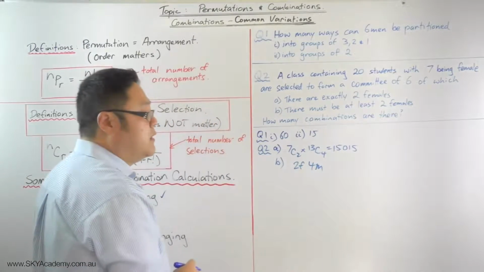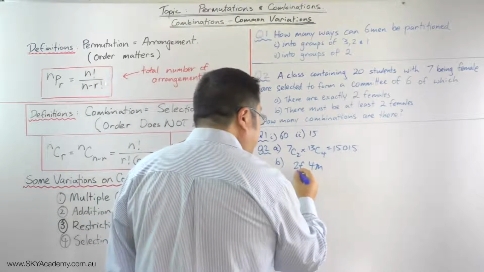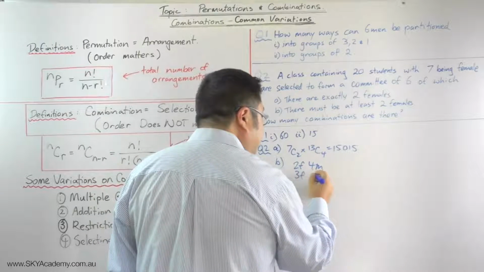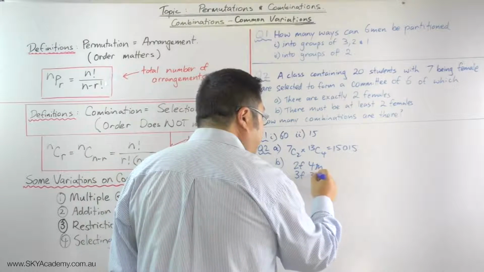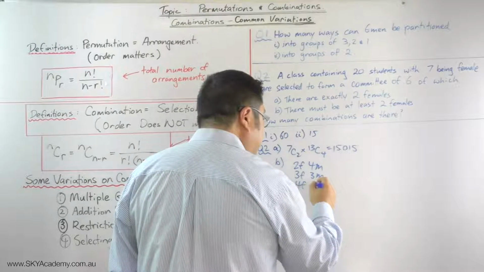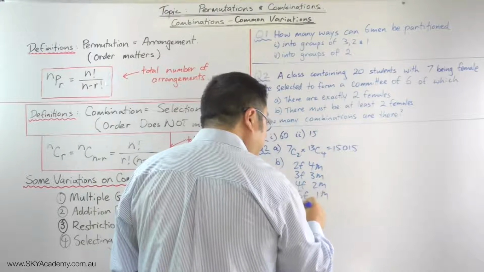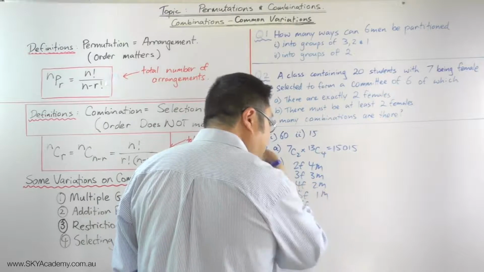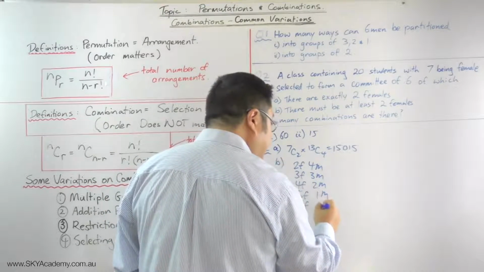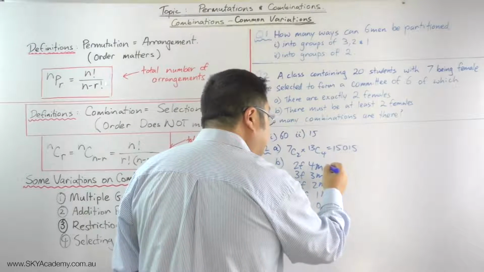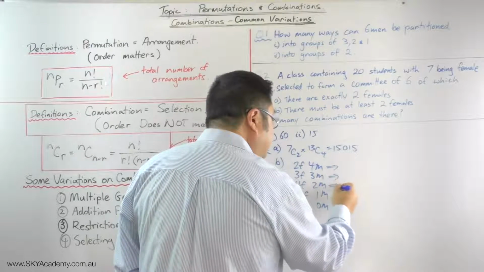We can also do the same with 3 females, and that will be 3 males, 4 females, 2 males, 5 females, 1 male, and then 6 females. So we want a group where all of them are females, which means that there's 0 males, and that might be all there is.